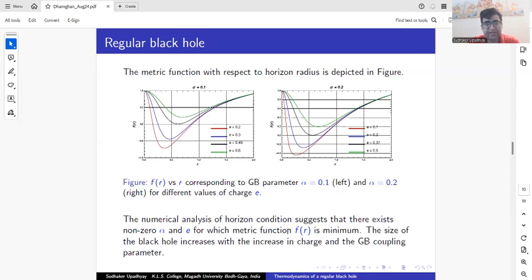You can see f(r) is minimum, and the size of the black hole increases with increasing charge. If the charge is increasing, the black hole horizon increases, and also as the Gauss-Bonnet coupling parameter increases, the black hole horizon increases.